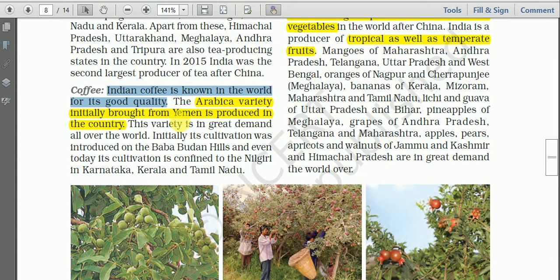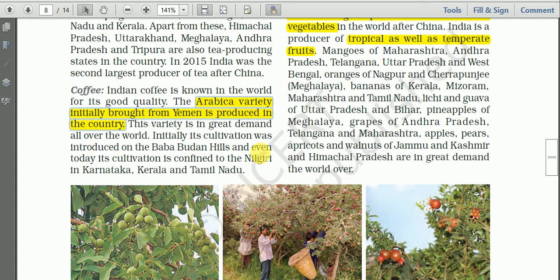As mentioned in the book, the arabica variety initially brought from Yemen is produced in the country. From the Arabian Peninsula. Yemen is actually a country in the Arabian Peninsula, a neighbor of Saudi Arabia.